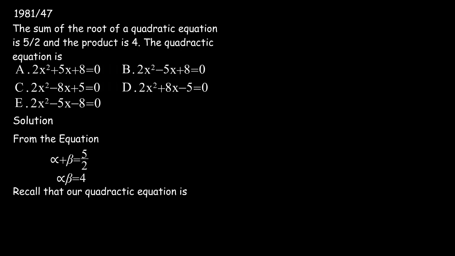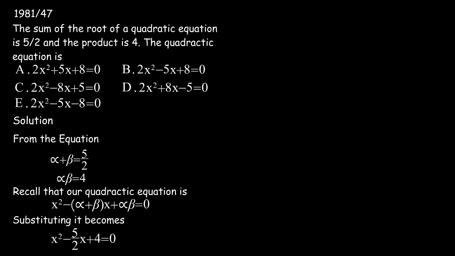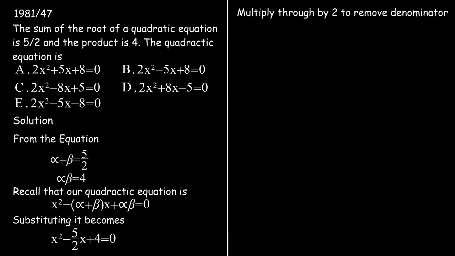Now recall that our quadratic equation is s square minus (alpha plus beta) s plus alpha beta equals 0. So we will be substituting for alpha plus beta and alpha beta. Doing so, it becomes s square minus 5 over 2 s plus 4 is equal to 0. Next, we are going to multiply through by 2 to remove the denominator.